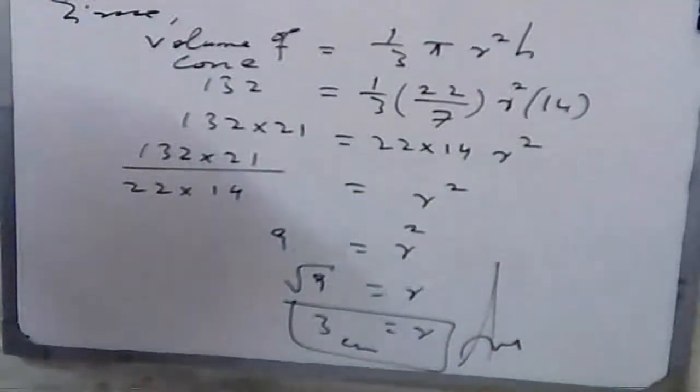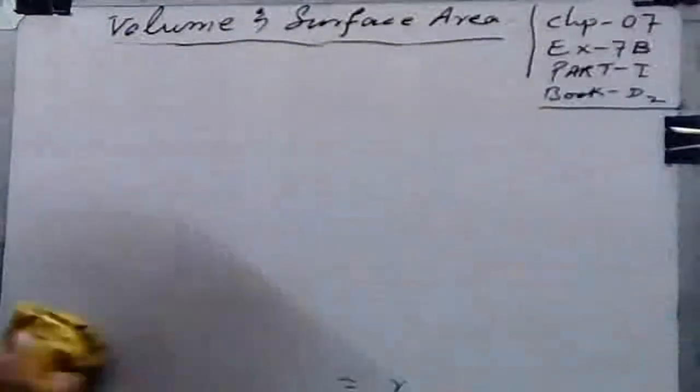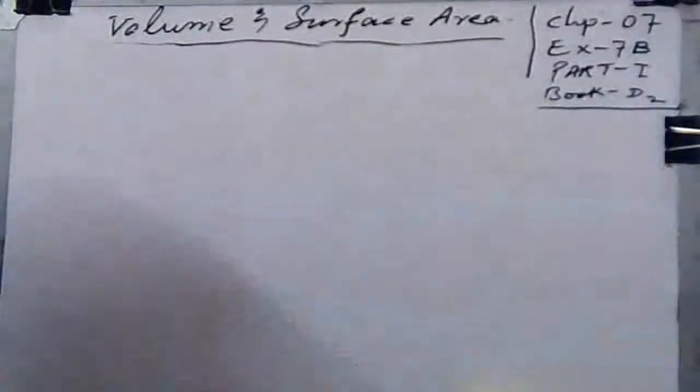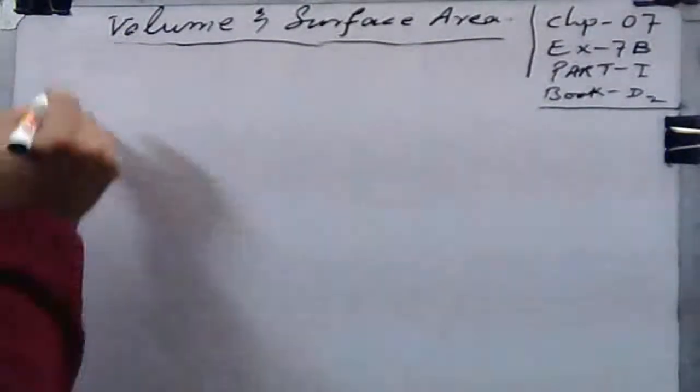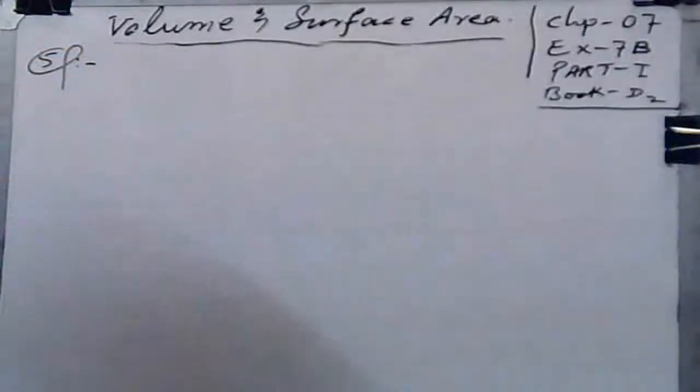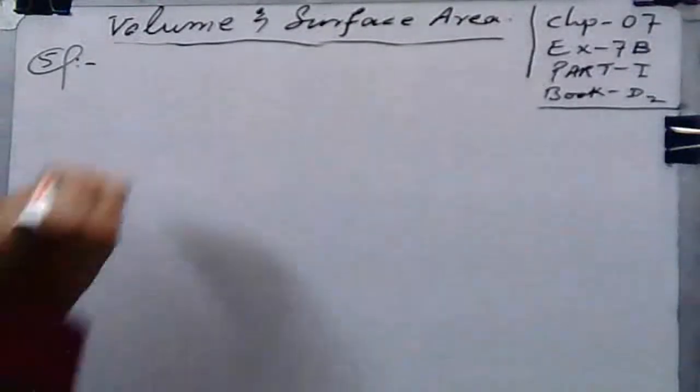Now coming to question number 5. A conical funnel has a diameter of 23.2 centimeter.